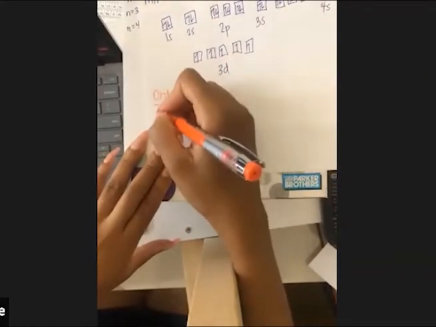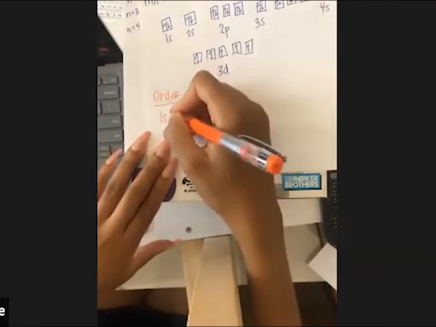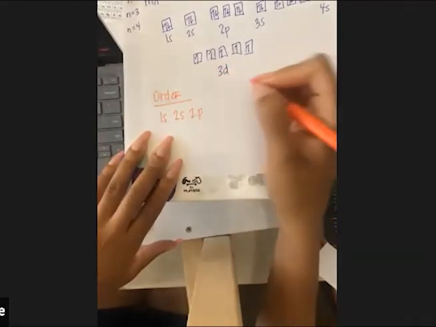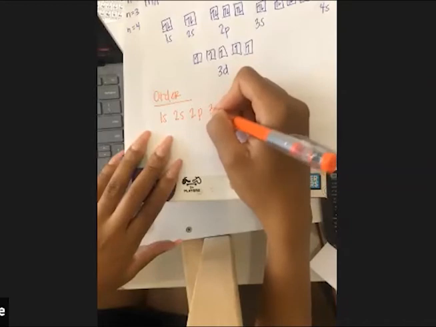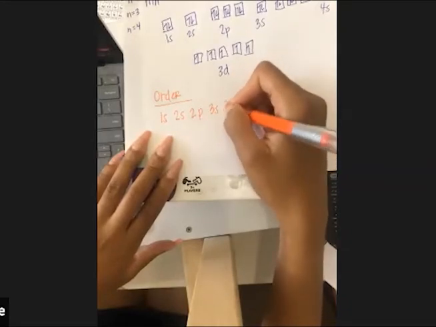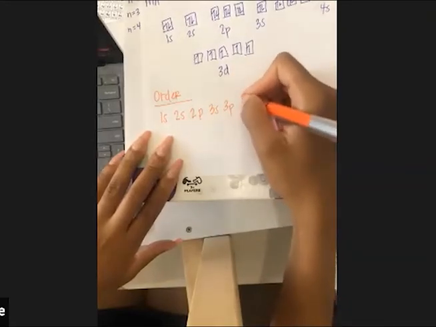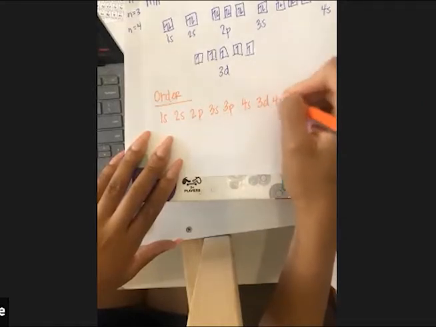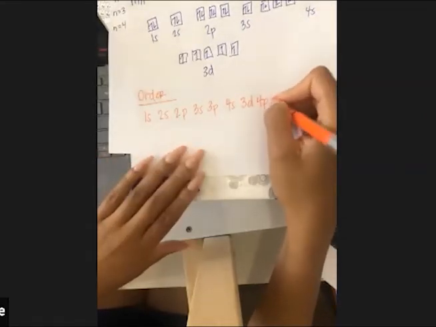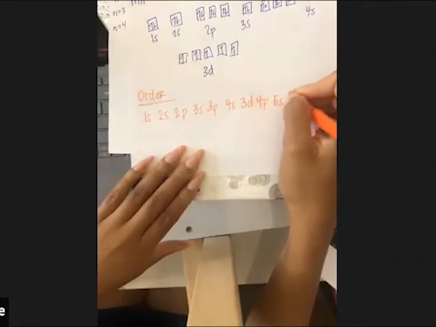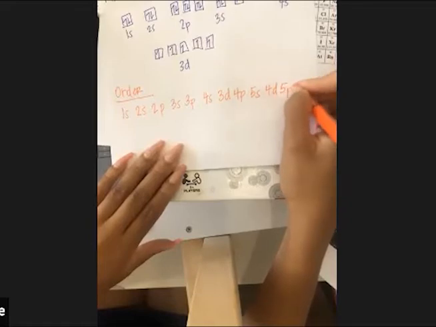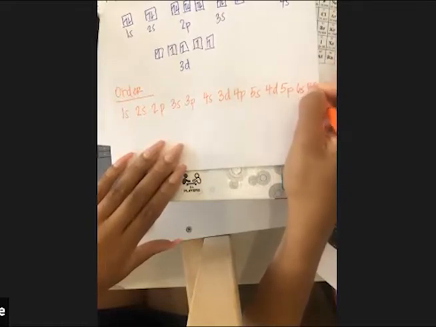So order is always going to be 1s, then you write 2s, then 2p, then 3s, then 3p, then 4s, 3d, 4p, 5s, 4d, 5p.